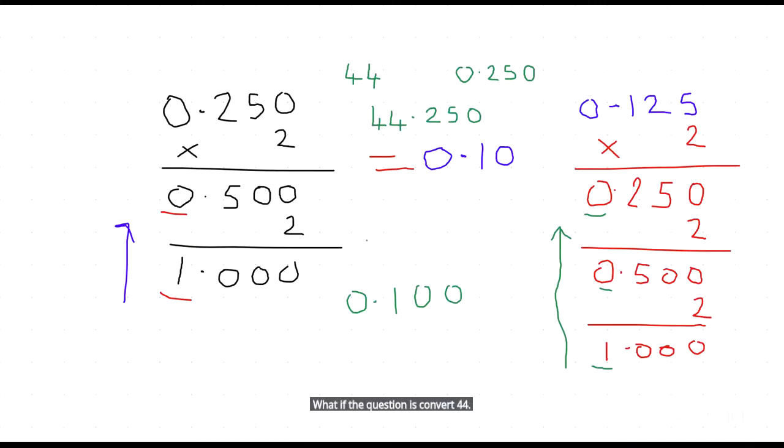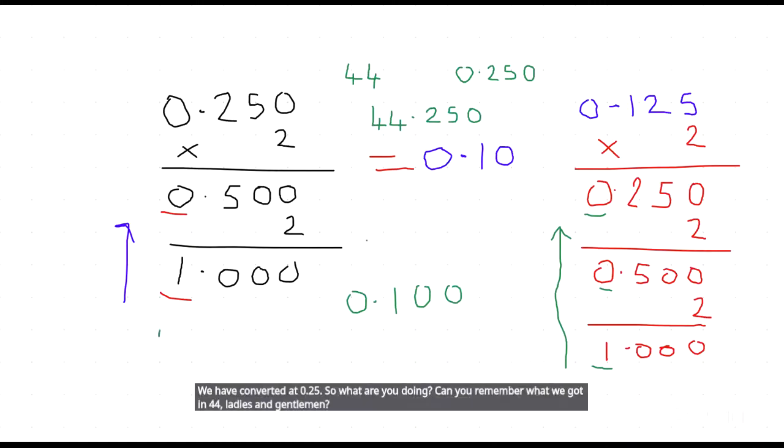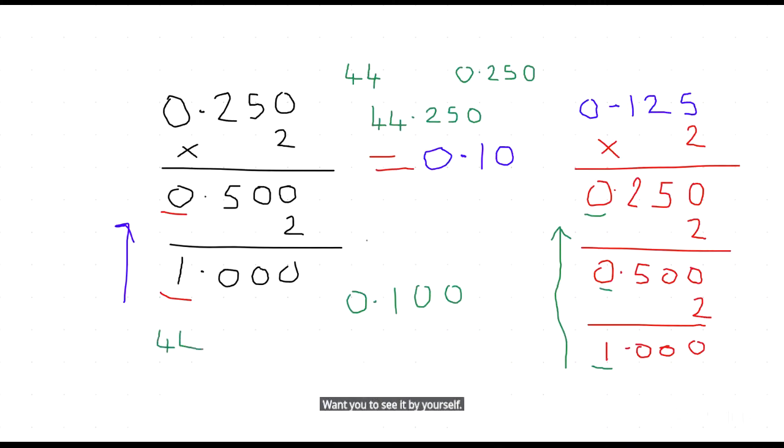We have converted 44 in our first one, and we have converted 0.25. Can you remember what we got when we converted 44? 101100.